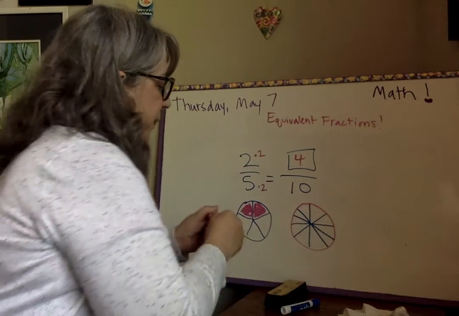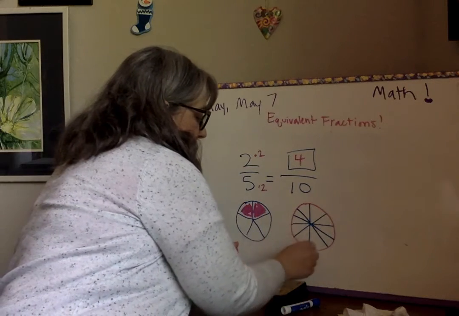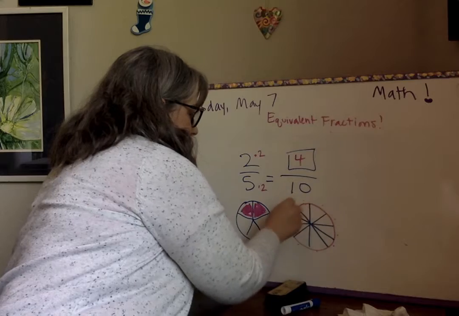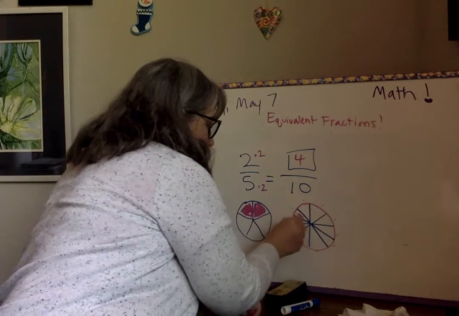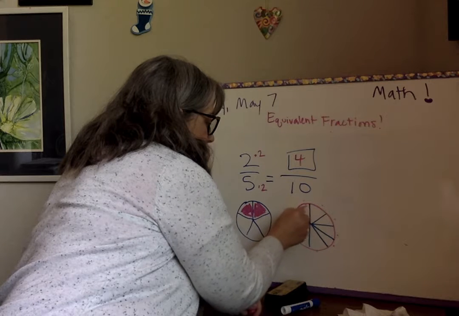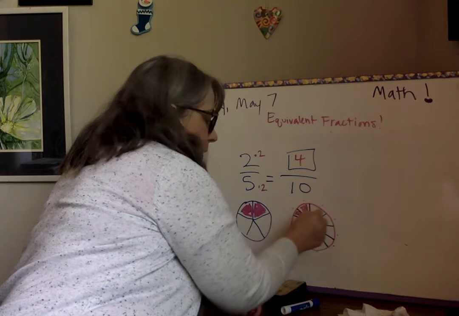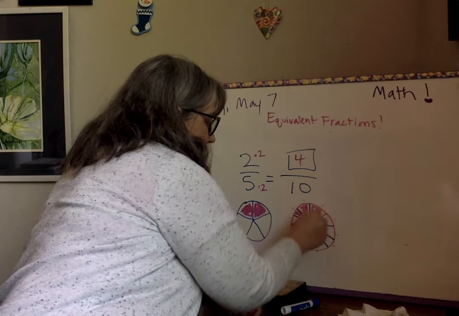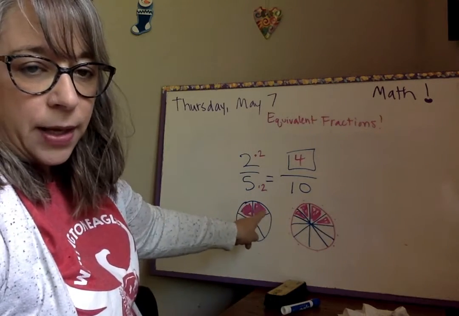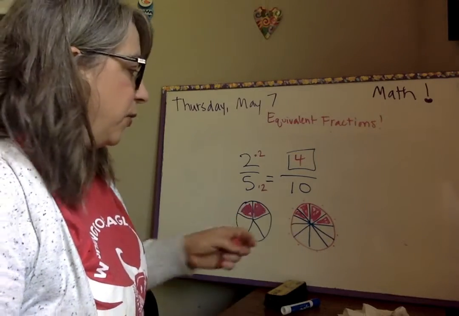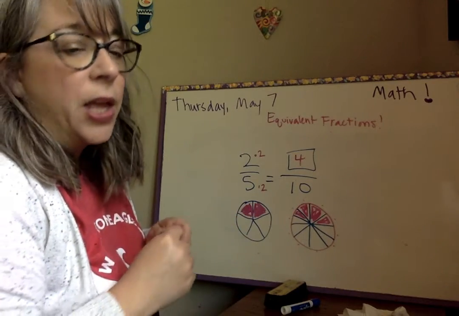Here are our tenths. 1, 2, 3, 4, 5, 6, 7, 8, 9, 10. How many parts are we going to shade in? You're right, we're going to shade in 4. Here's 1, 2. Well, they're not even, sorry, but you see what I'm saying. In theory, these two would look the same. So 4/10 is equivalent to 2/5.